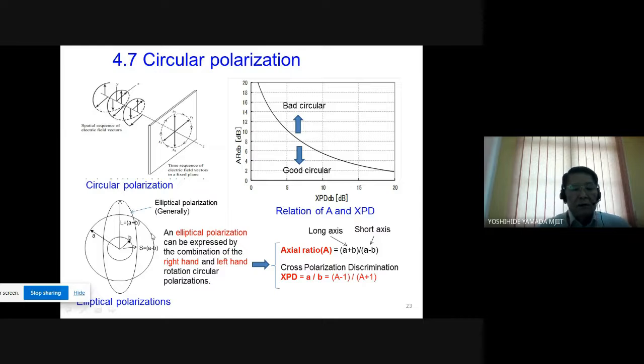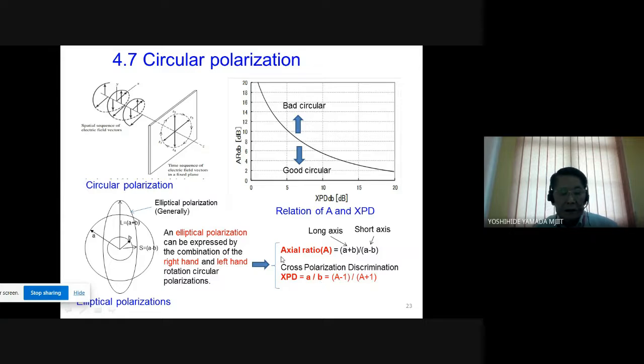So one circular polarization is expressed by A, and another polarization is expressed by B. Then the cross polarization discrimination is determined by the ratio of A divided by B.